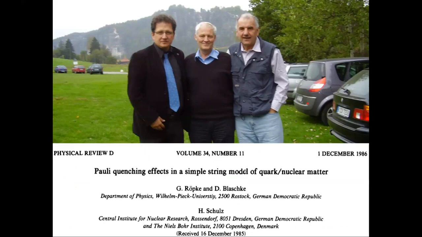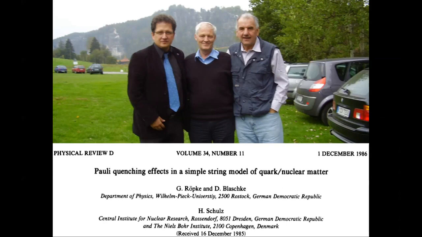Therefore, we went back to the old idea of the string flip model, which was created at MIT by Jack Horowitz, Ernie Moniz, and John Nägele. And parallel to this, we in Rostock and Rossendorf, with Hartmut Schulz and Gerhard Röpke, developed a statistical description of this string flip quark matter.